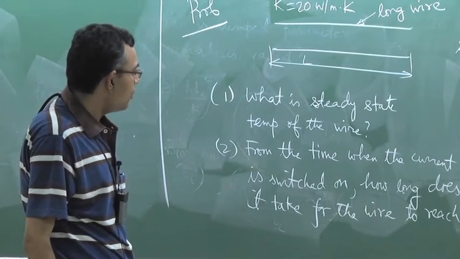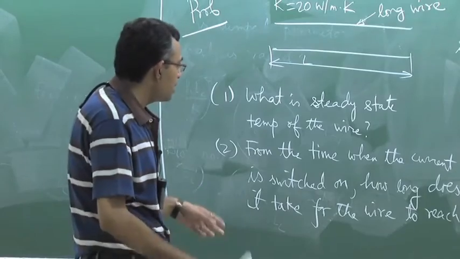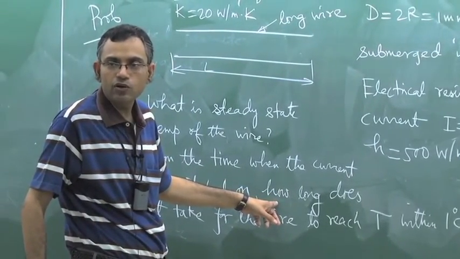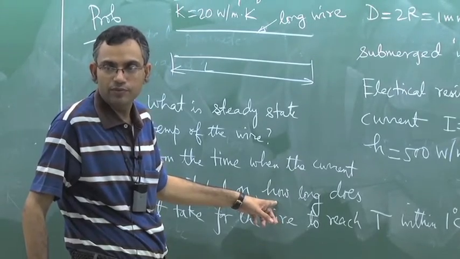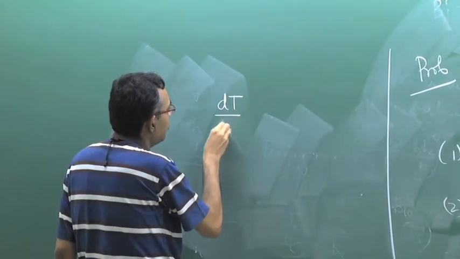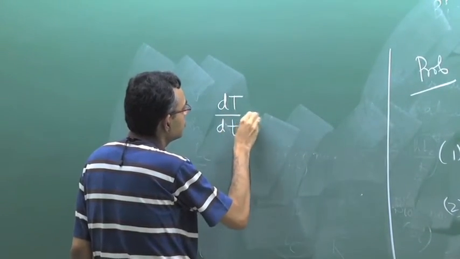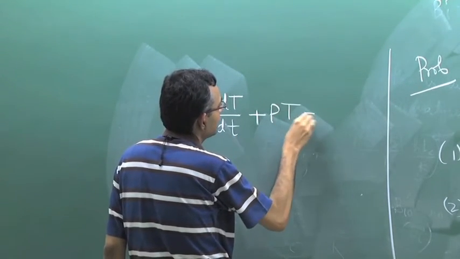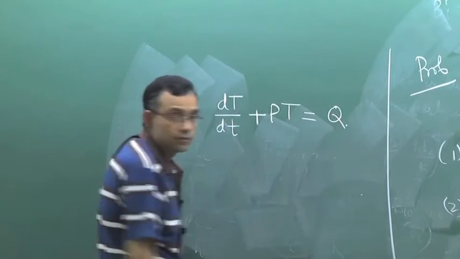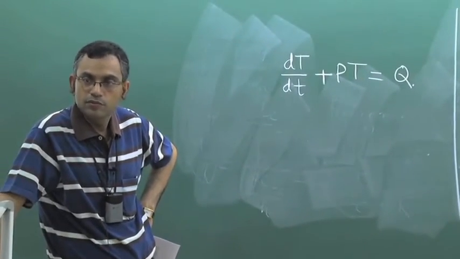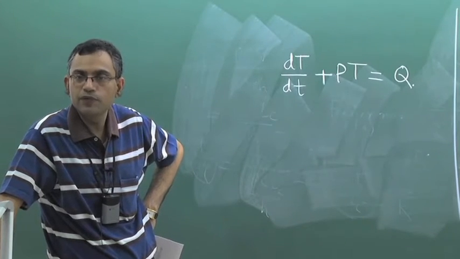Now what will be the unsteady state variation, because for the second problem basically you require to find out temperature as a function of time. So if you look into the differential equation, it is of this form, where P and Q are some coefficients.